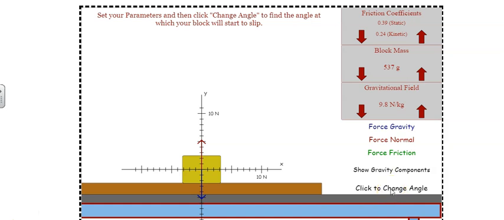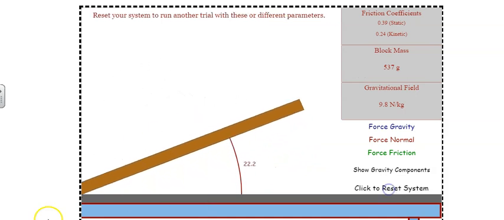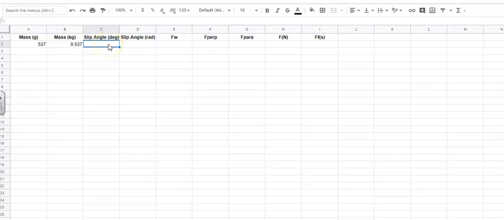So I'll collect this first bit of data. Okay, I missed it, but I'm just going to go with 22 for the purposes. To convert that to radians, it's equals radians, open bracket, select the cell, close bracket.